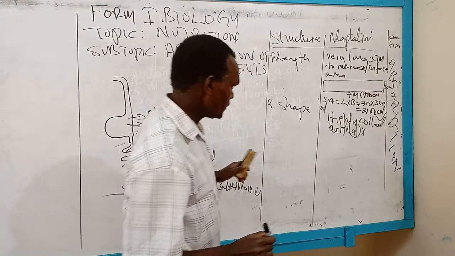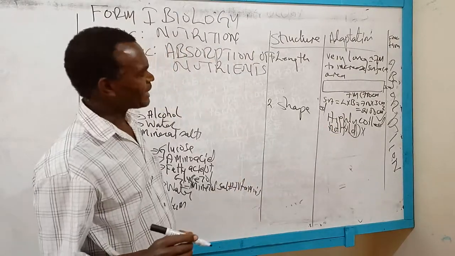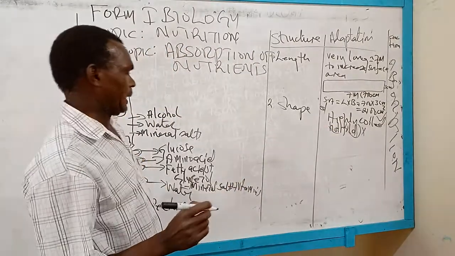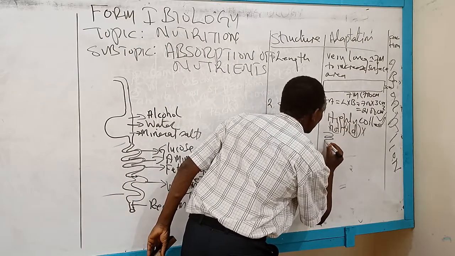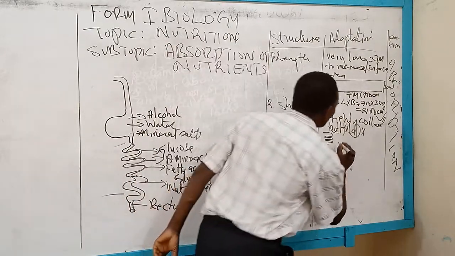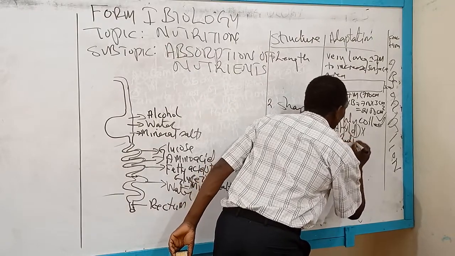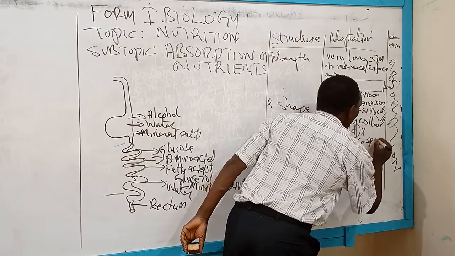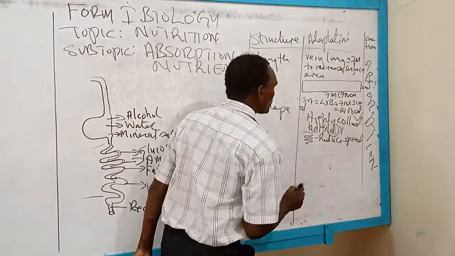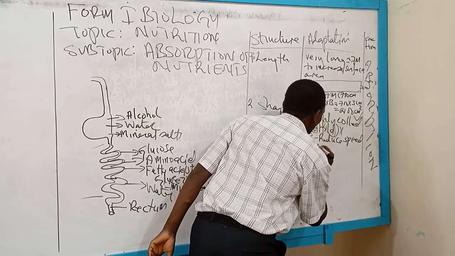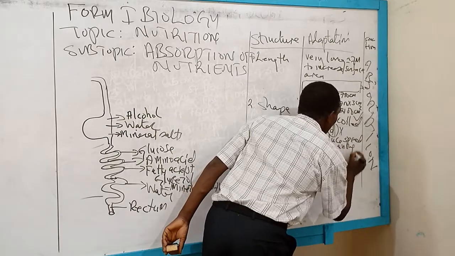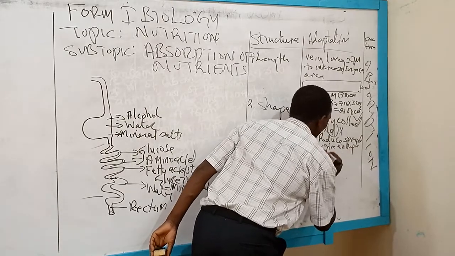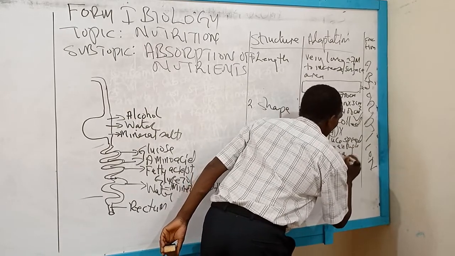So, what is the importance of coiling? Now, this coiling reduces the speed so that you give enough time for absorption.